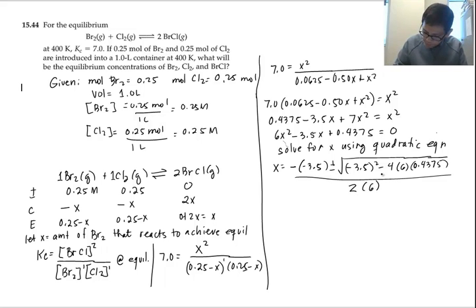So that becomes x is 3.5 plus or minus the square root of 1.75, all over 12.